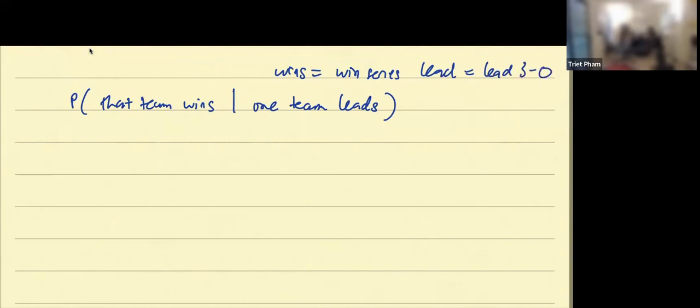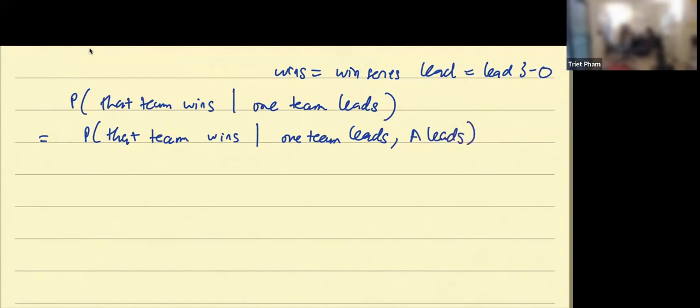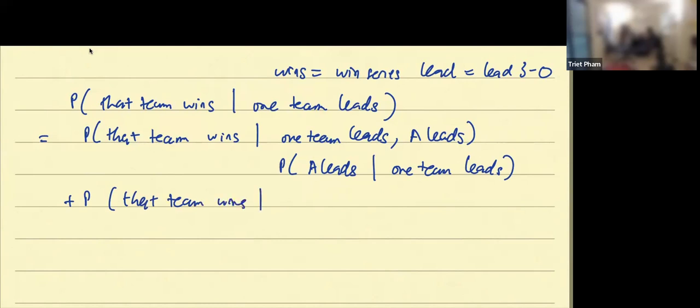So this will be the probability that team wins, given one team leads. We add the extra information that A leads, multiplied by the probability A leads, conditioned on one team leads, plus the probability that team wins given that one team leads, but now it's B that leads, times the probability that B leads given one team leads.